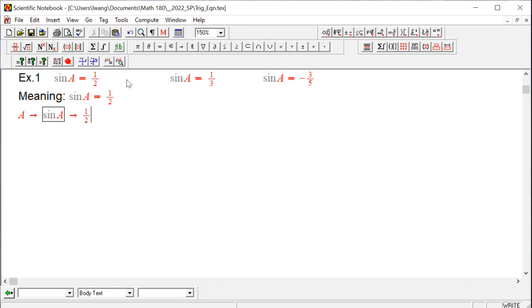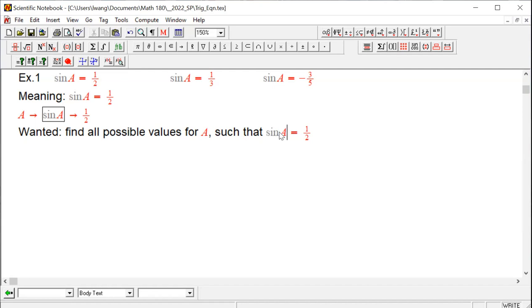And what's wanted is to identify, or find, all possible input values for A such that the statement is going to be true.